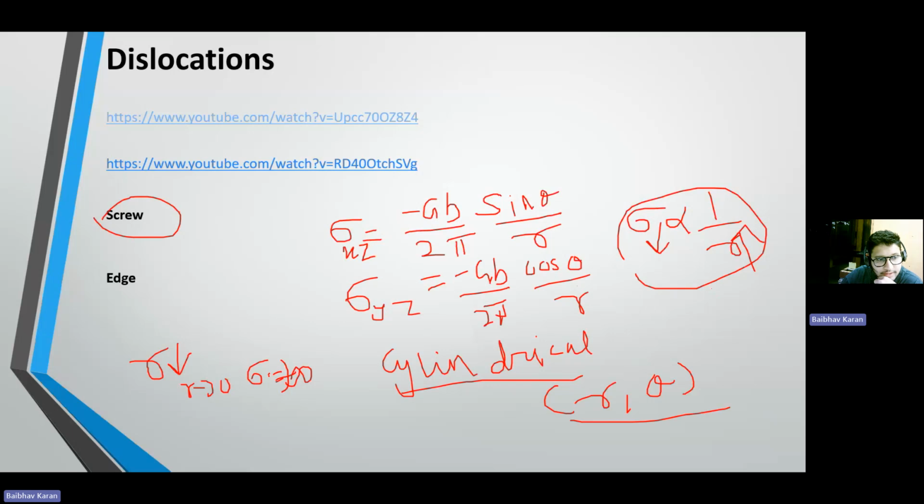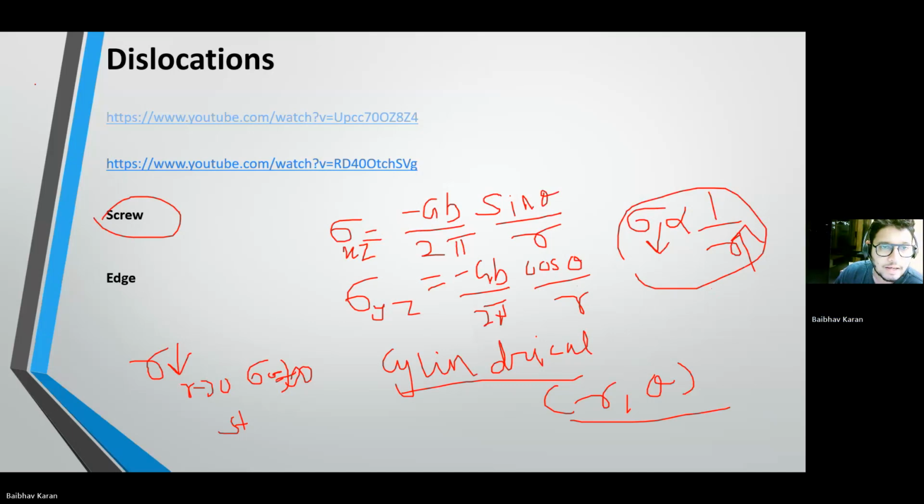That means the stress around the dislocation is too high, which is of course expected. Because when we are creating any disturbance within the cell, there will be some areas where the stress will be too high. And that is the core of the dislocation, not the material.